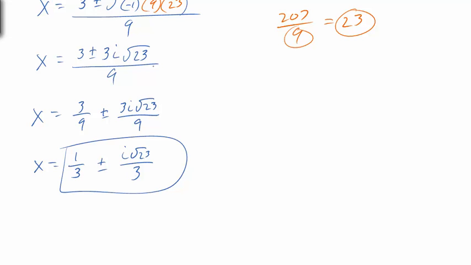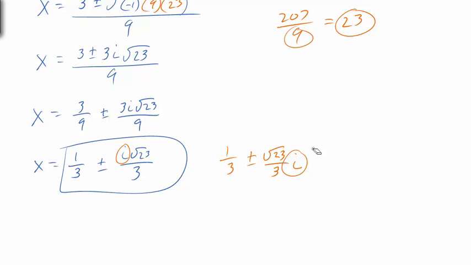You may see this answer written as 1/3 plus or minus, let's say, the square root of 23 over 3, and the i may be written over here on the outside. Once again, anytime that I'm writing an imaginary part with a square root, I always like to put the i in front of it instead of on the outside.